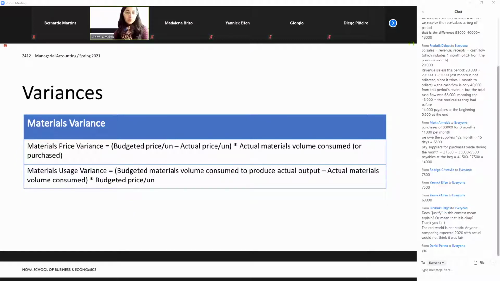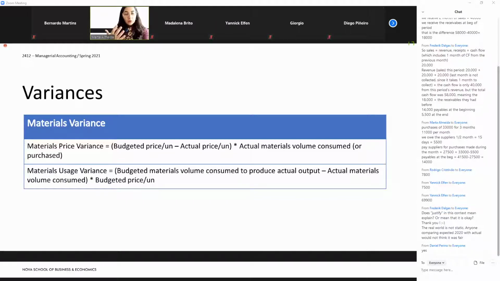Then for materials, we have material price variance, which is the budgeted price per unit minus the actual price per unit multiplied by the actual material volume consumed, okay? And then we have the material usage variance, which uses the budgeted materials volume consumed to produce actual output. So that is the proportional amount, the quantity that we have in the flexible budget.